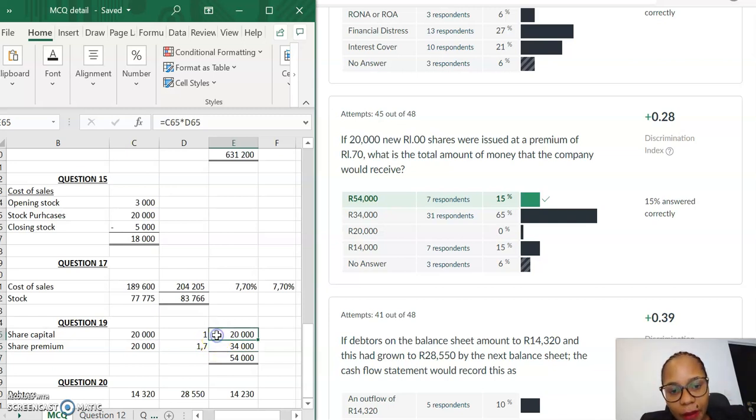So you've got the share capital of 1 Rand and you've got the share premium of 1 Rand 70. You needed to add the initial 20,000 to get to the 54,000. Fortunately, only 15% of the candidates got this wrong. For those that calculated 34,000, you've only calculated the share premium and not the share capital and premium added together. Okay, that's question 19.